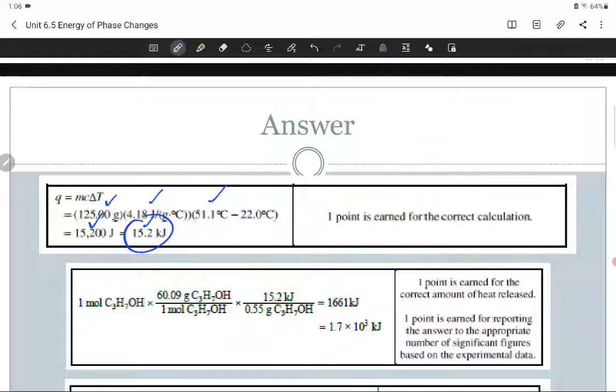And then there's the molar mass of propanol, and then we burned 1 mole. In the question it said how much would you get if you burned 1 mole. So I think most of you would probably get that as a calculator answer.